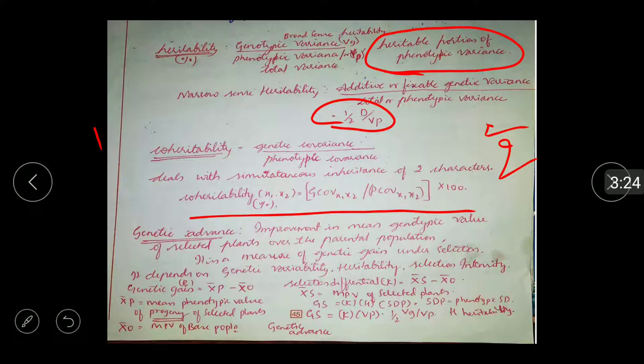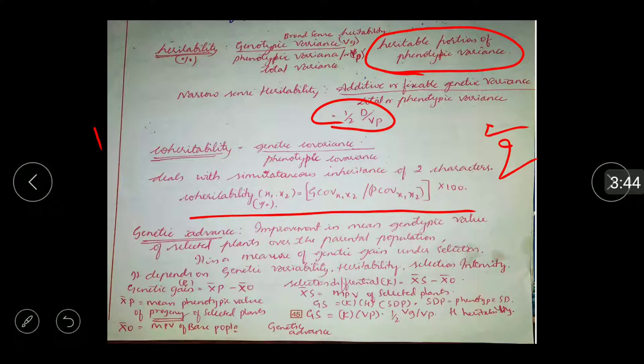If we want to increase an overall trait of a population, the mean of the overall trait, then we should know the genetic variability, and we should include heritability and selection intensity.